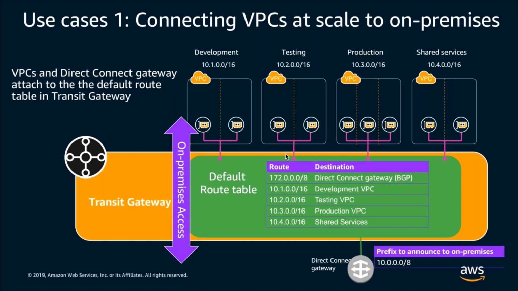And that's preferably going to be a summary route. So since all your VPCs are in 10 dot, you can do a 10/8 summary route, and that will get sent down. So just be aware of the BGP flow. BGP from on-prem comes dynamically from the Direct Connect gateway into the transit gateway into the route table. For BGP from your transit gateway, you have to specify what gets pushed down through the allowed prefixes.